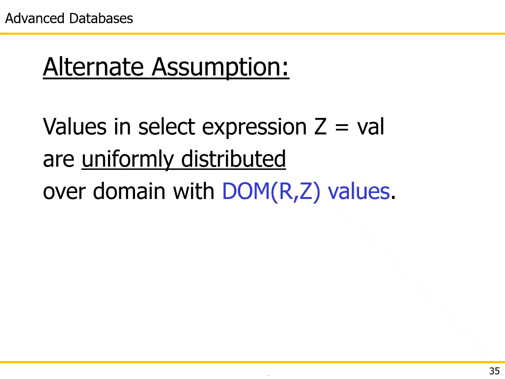Now, there is another assumption, or another way to do this, which is, if the database engine knows about the domain of a column, it would use it instead of counting the number of unique values. And this is actually the reason why one of the good guidelines for writing SQL is, if you can come up with the domain for a column, you should include it when you are creating the table, in the create table statement.